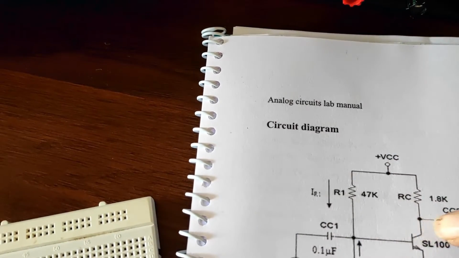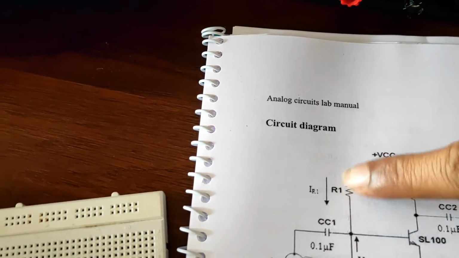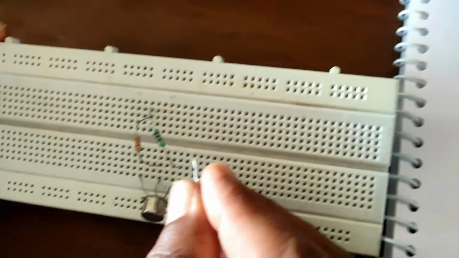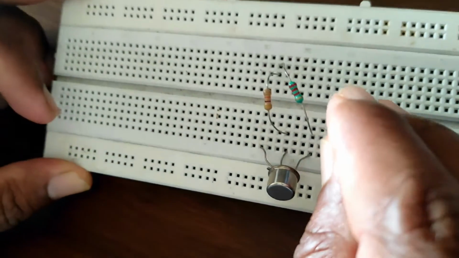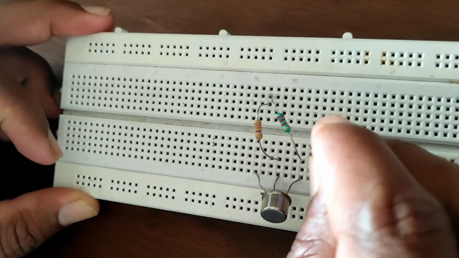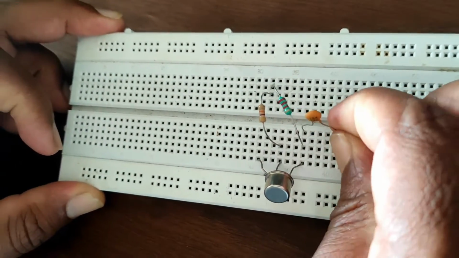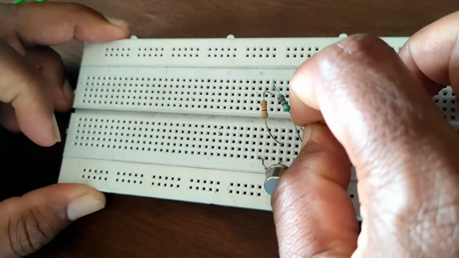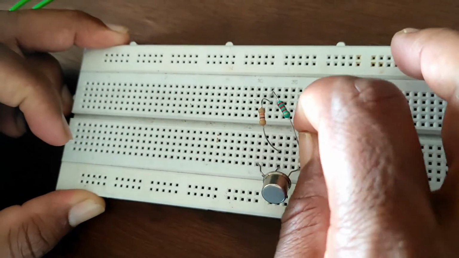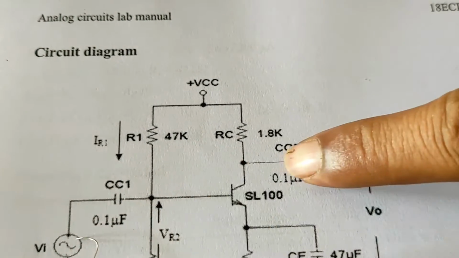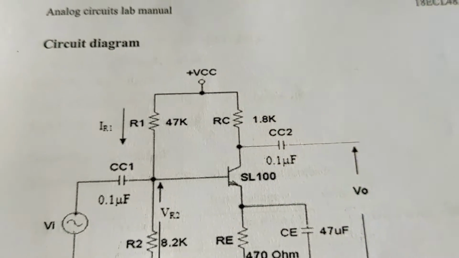Now these two connections are done from base and from collector. And one more capacitor. This connection from collector is taken.